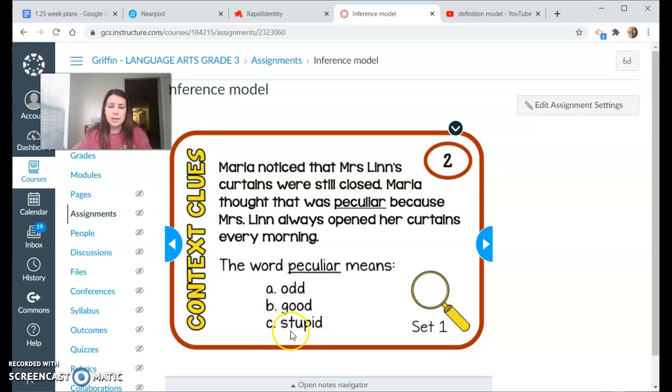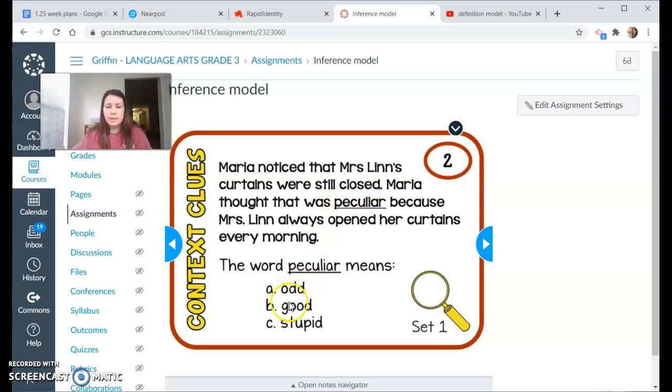Let's read C. It says stupid. Would that make sense? Maria thought that was stupid because Mrs. Lynn always opened her curtains every morning. I just don't think that stupid makes sense here, because Mrs. Lynn is not doing anything that would be stupid or dumb. She's just doing something that is different than what Maria normally notices.